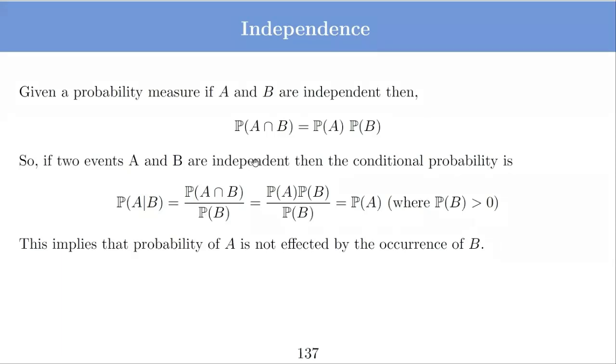Either you prove that the probability of A intersection B is probability of A into probability of B, or you prove that probability of A given B is equal to probability of A. Both are the same condition, and in both cases we say that A and B are independent. This basically means that the occurrence of B does not affect the chances of occurrence of A.